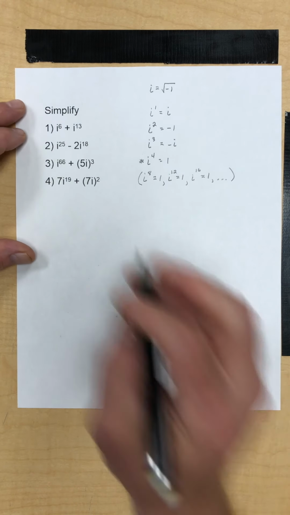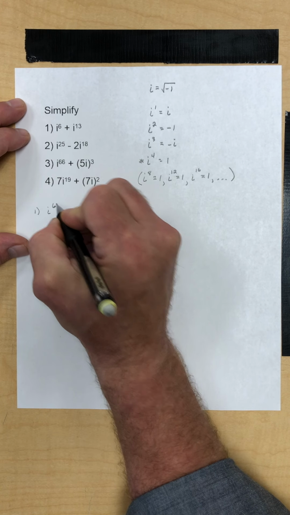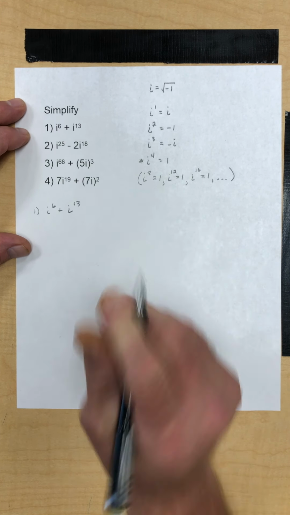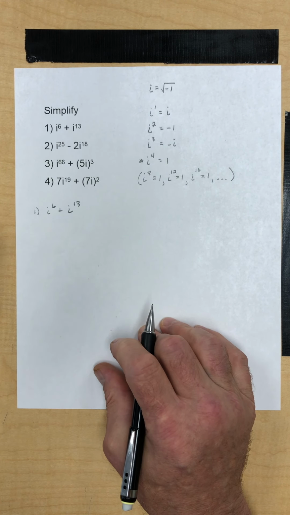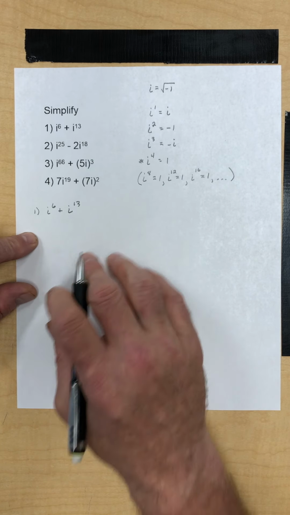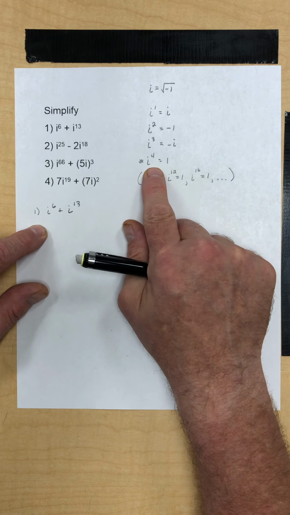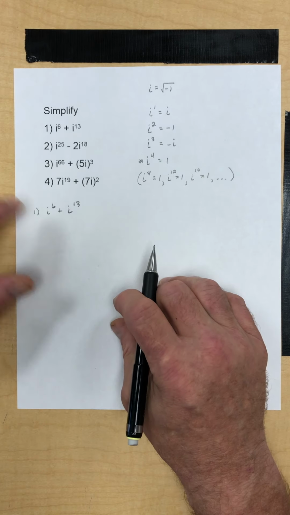We start with the first one, i to the 6th plus i to the 13th. I want to take both of these individually and split them up so that I express each as i to the largest multiple of 4 times i to whatever I'm left with.